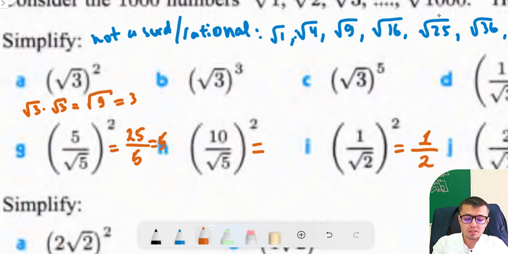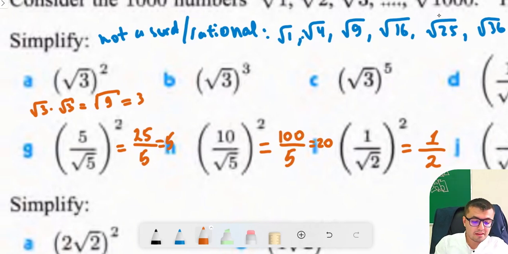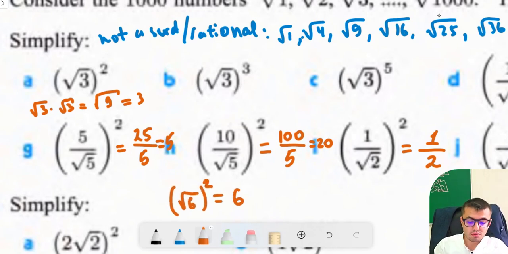The same goes with this one. Separately, I square the top, that's 100, and separately I square this, that's going to be 5. So the final answer is 20. The final step is just the division, to complete the thing. Whenever you have, say, the square root of 6 squared, that's going to be 6, right? Because you square the root, that root will be gone eventually.